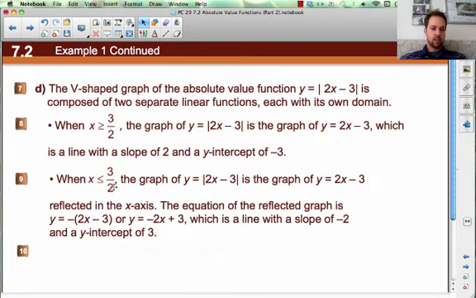Whenever x is less than 3 halves, or 1.5, what you get in here is a negative number. And when it's a negative number inside the absolute value brackets, we make it the negative of that number. So y is the negative of whatever was inside the brackets, and it looks like this: y equals negative 2x plus 3. Now this is just a regular line with slope of minus 2, mx plus b, and y-intercept of 3.